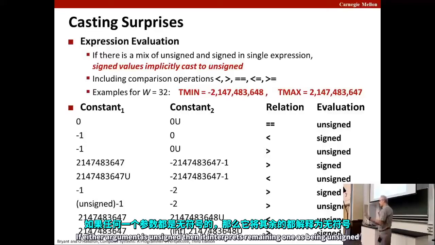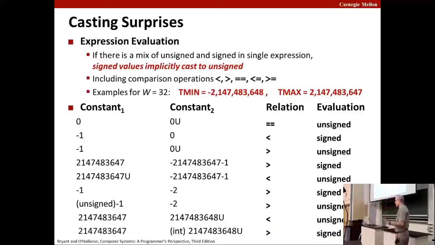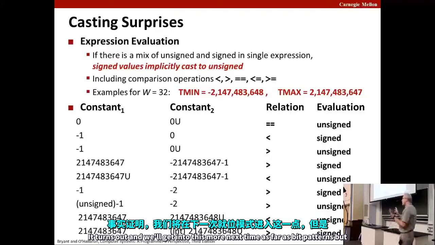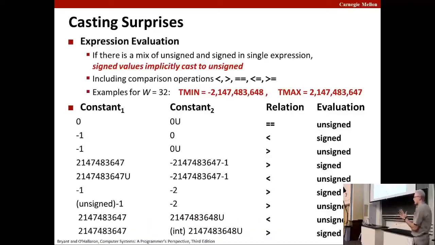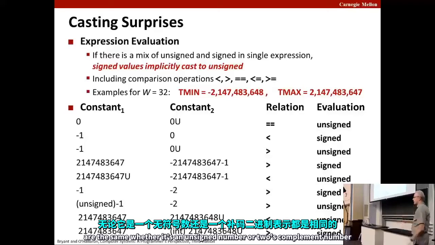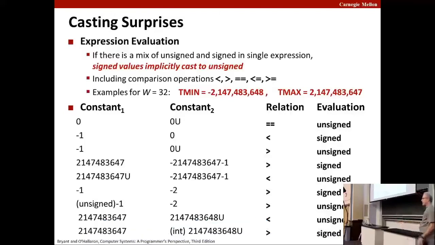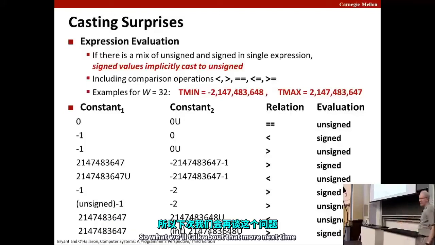If either argument is unsigned, then it interprets the remaining one as being unsigned. It turns out, and we'll get into this more next time, that at the bit level, addition, subtraction, even multiplication are the same whether it's an unsigned number or a 2's complement number. So we'll talk about that more next time.